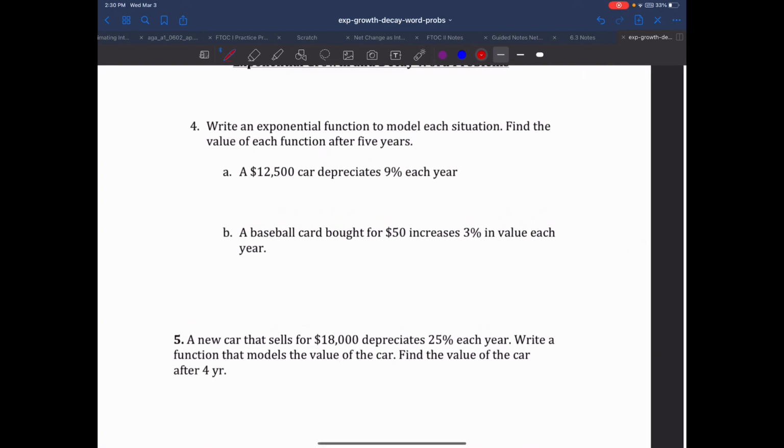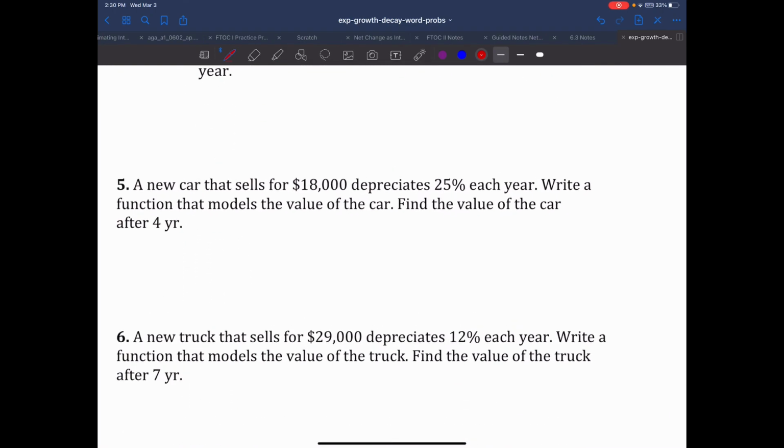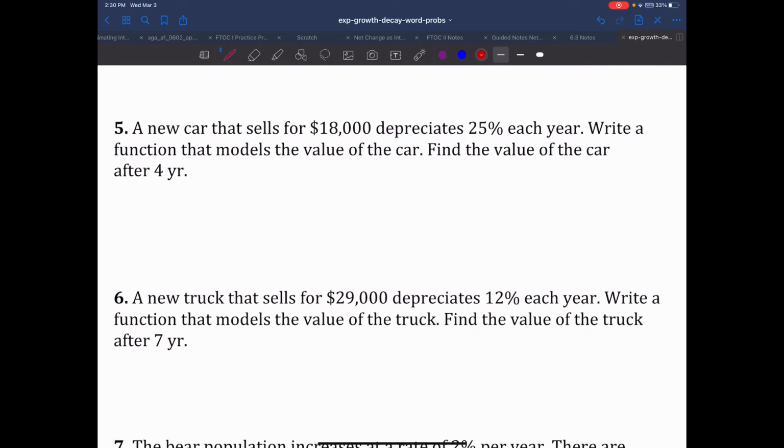Okay, so we're going to go to a different question here. So let's do this one. A new car that sells for $18,000 depreciates 25% each year. Write a function that models the value of the car. Find the value of the car after 4 years. So I'm going to just jump straight to the function with this one because it's relatively easy to do this. So I'm going to highlight 18,000.